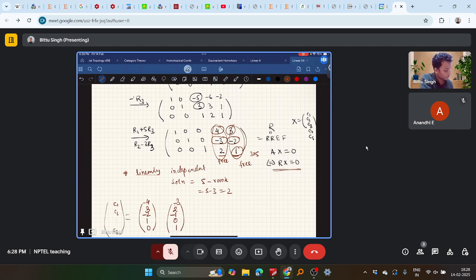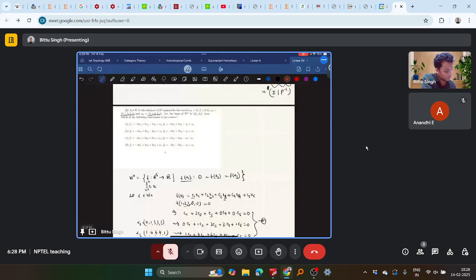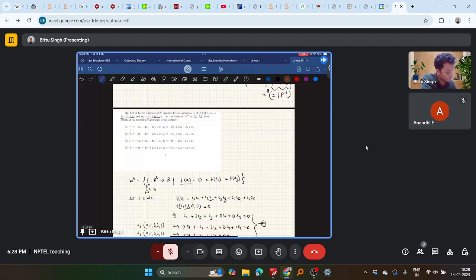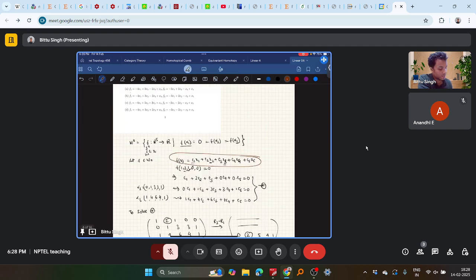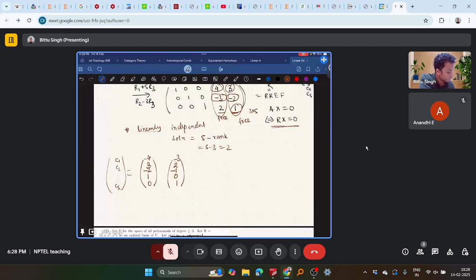But initially we were finding the linear polynomial. That is, F will take the form of a combination of Ci xi, the summation of Ci xi.